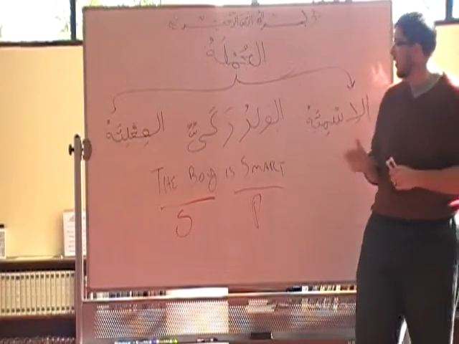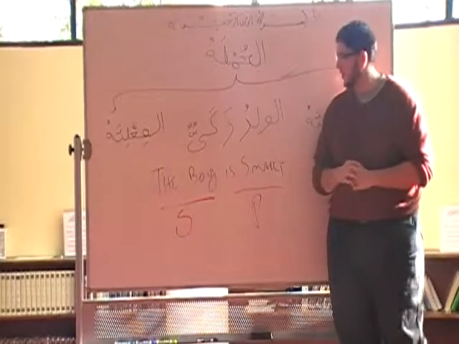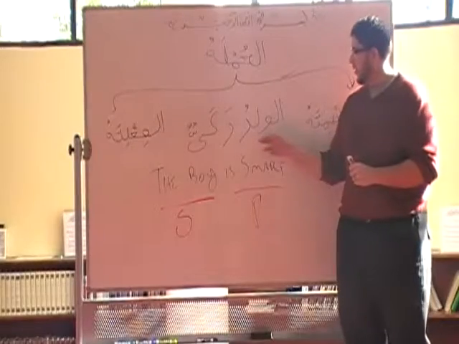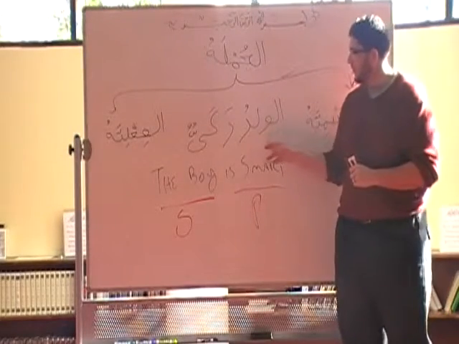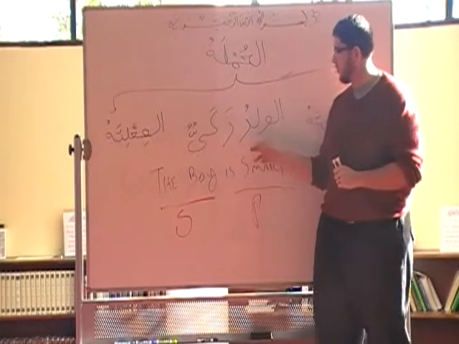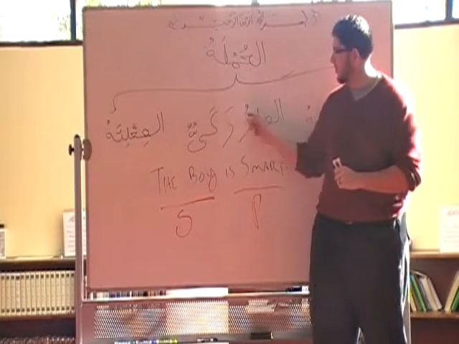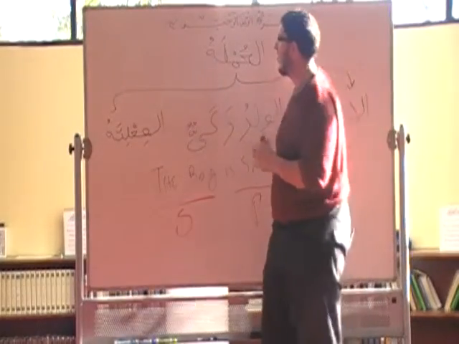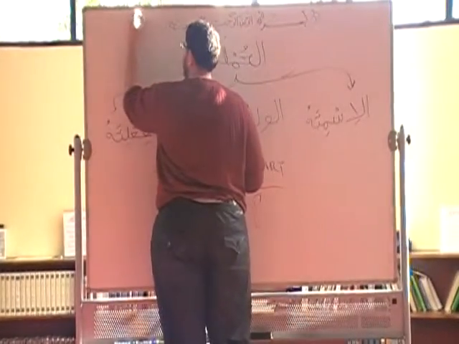Okay? So now the way we know to put the words together and say that the boy is smart is simple. Number one, al-waladu, first thing you need to know is that both the subject and the predicate, when they're only two words, they're both in the state of rafa. Okay? And by the way, the basic signs of rafa, I'll just tell you guys right now.